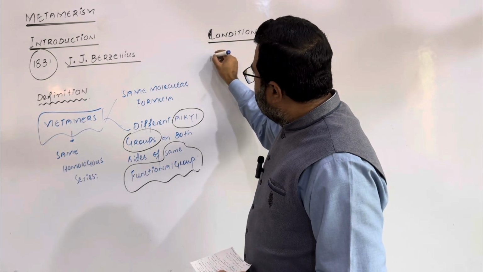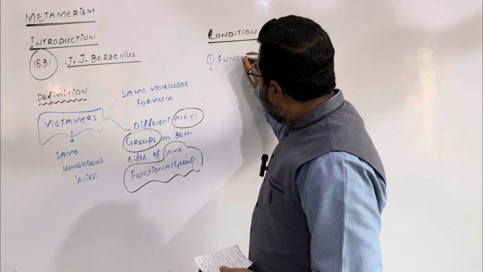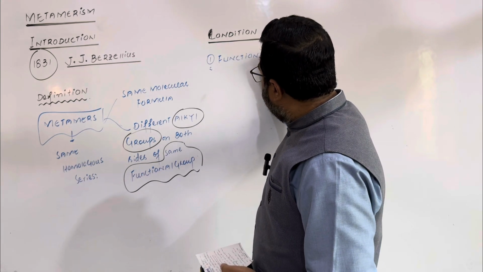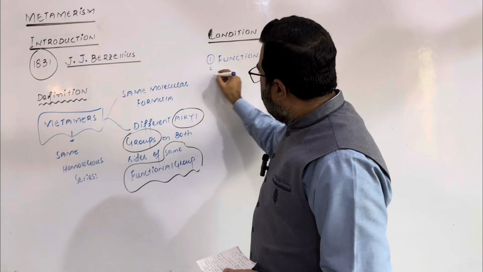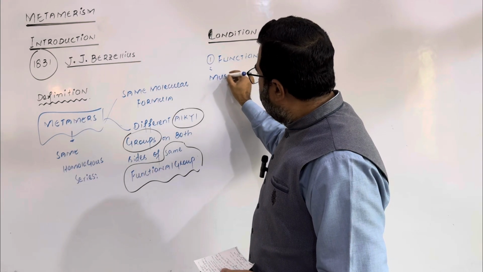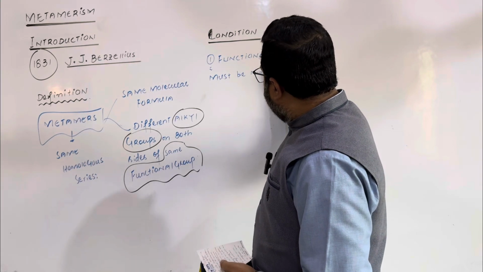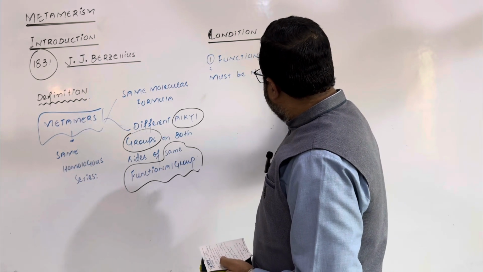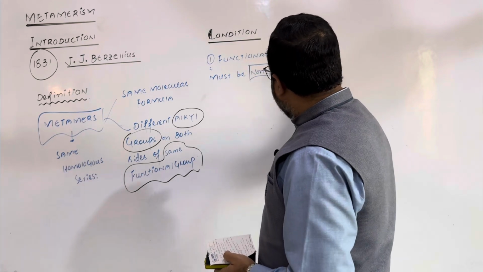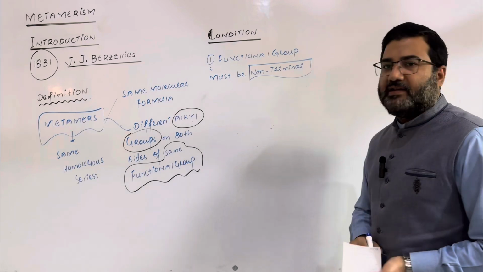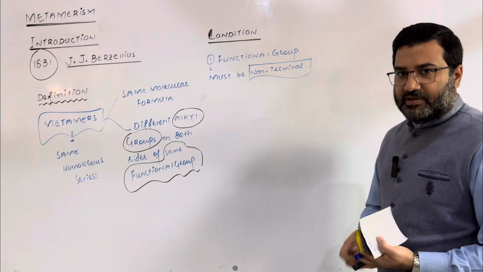The first one is that the functional group must be non-terminal. Non-terminal means that there should be carbon chain on both sides of the functional group.